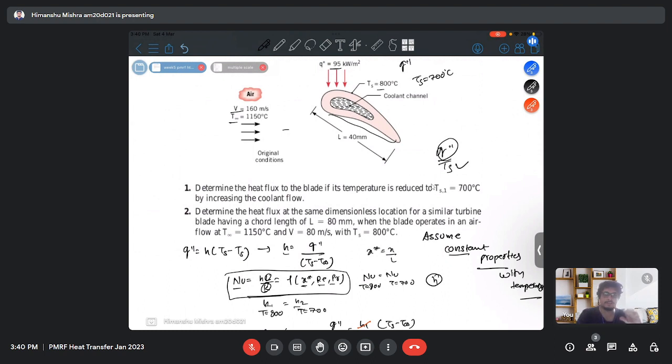In case of a solid, there is a very significant change in thermal conductivity, even if you increase the temperature by a little, like 10 or 20 degrees Celsius. But for a fluid, especially air, which has a very poor thermal conductivity, where the value of k is already very, very low, like around 10 to the power minus 3 or 10 to the power minus 4, even if you increase the temperature, it will not change very much. So in that case, we can assume the thermal conductivity of air to be constant with respect to temperature as of now.